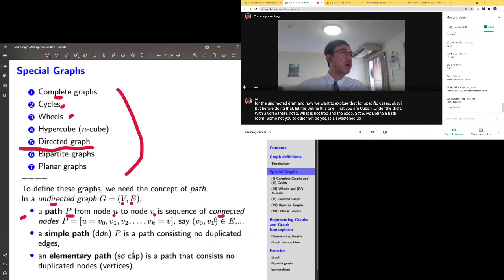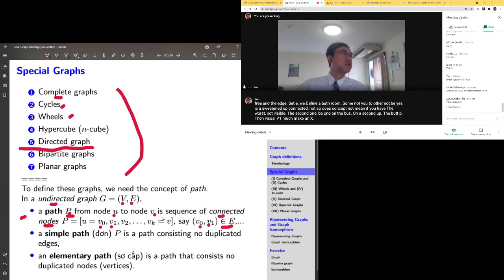connected nodes. The concept of connected nodes means if you have the first node V0, the second one V1 on the path, on the sequence of the path P, then V0, V1 must make an edge.